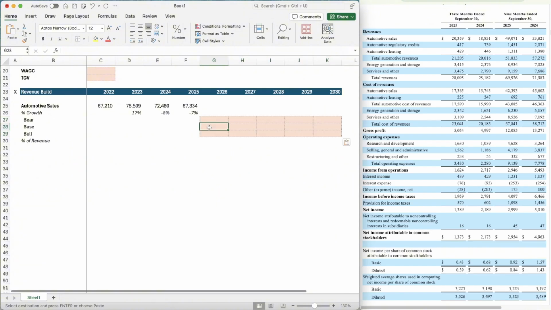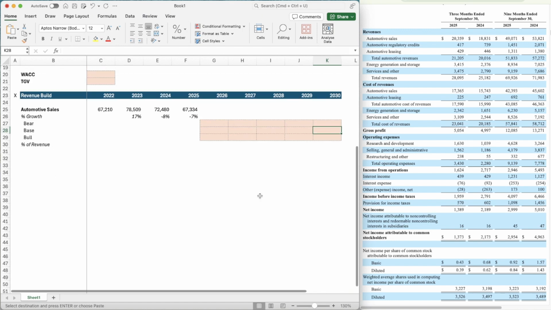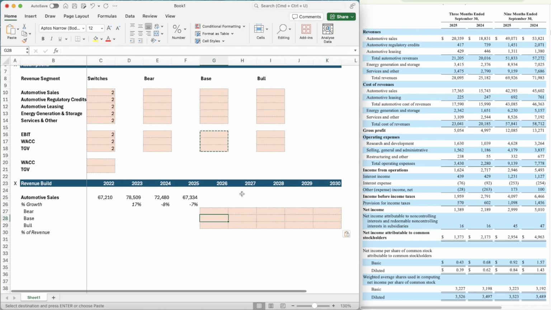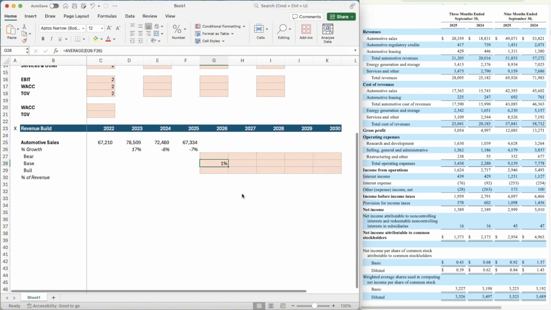We want to forecast the next 5 years of revenue now. And to do this, we will start by going what we think the revenue is going to be in 2030. Actually, let's start with the average of the last 3 years. So, okay, maybe it's a 1% growth for next year. Let's say for here, we'll go with a 10% growth rate, because if he introduces a more affordable Model 3 and Model Y, that could really boost sales.